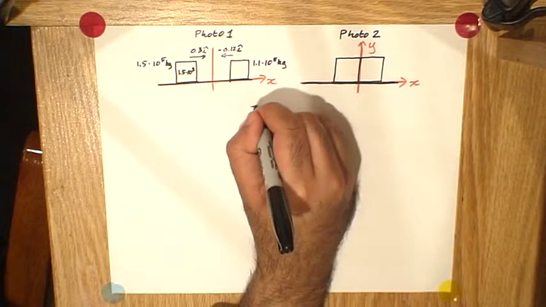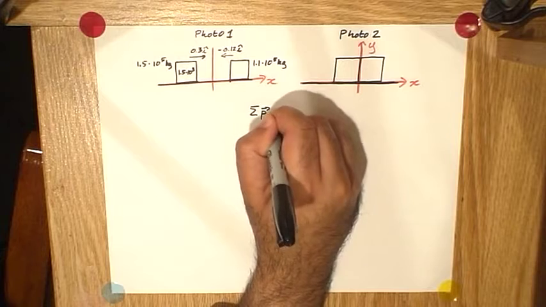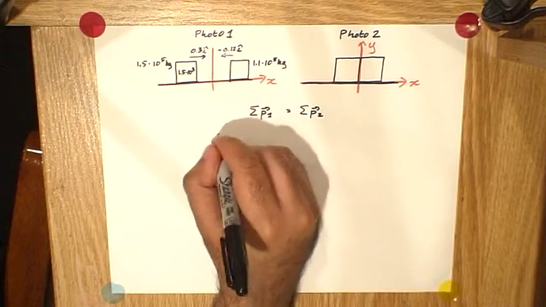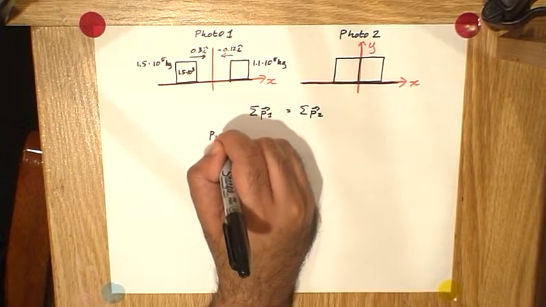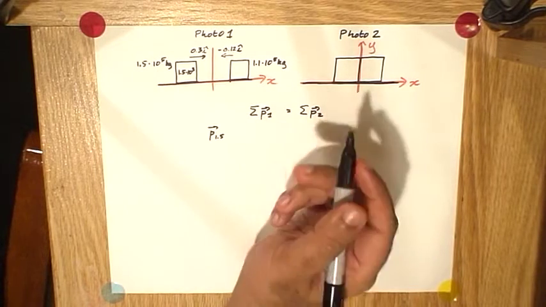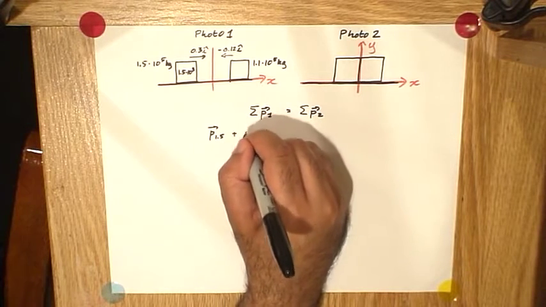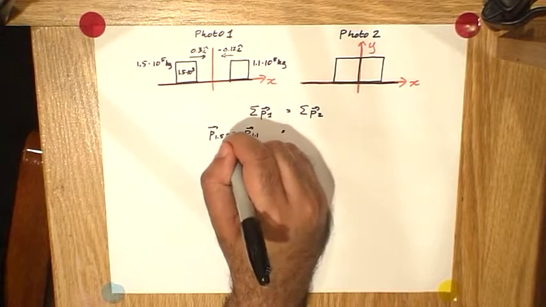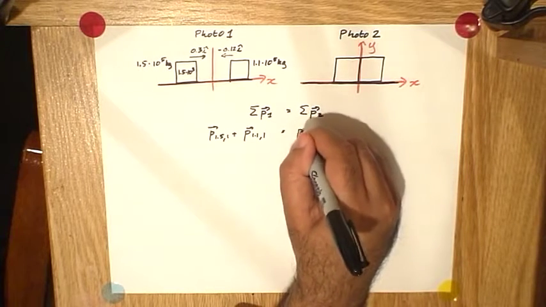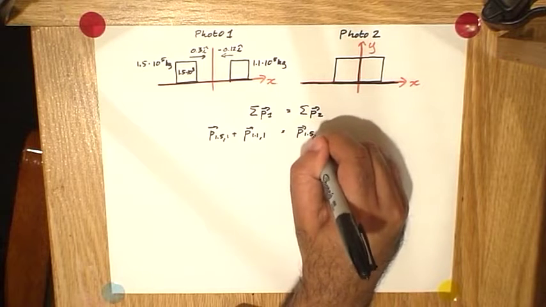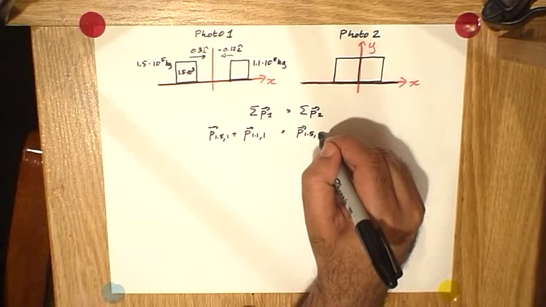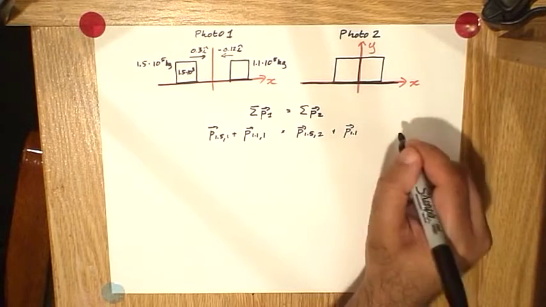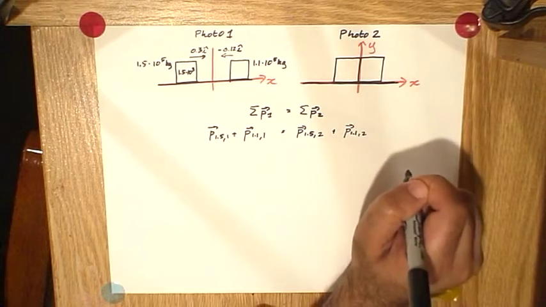According to conservation of momentum, the total momentum in photo 1 equals the total momentum in photo 2. So the momentum of the 1.5 times 10 to the 5 kilogram train car plus the momentum of the 1.1 times 10 to the power of 5 kilogram train car in photo 1 is equal to the momentum of the 1.5 times 10 to the power of 5 kilogram train car in photo 2 plus the right train car, the 1.1 times 10 to the power of 5, in photo 2 as well.